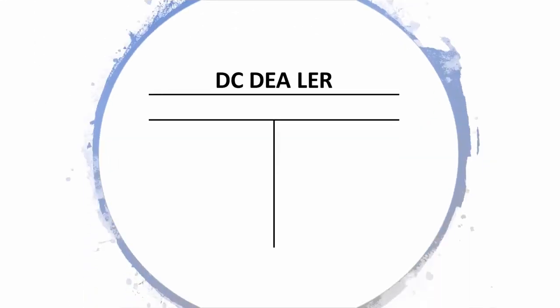The mnemonic DC Dealer showcases the relationship between the accounting equation and the double entry accounting system. So let's write this out together in a T account format. DC stands for debit and credit and represents the natural balance for the subsequent accounts in Dealer.